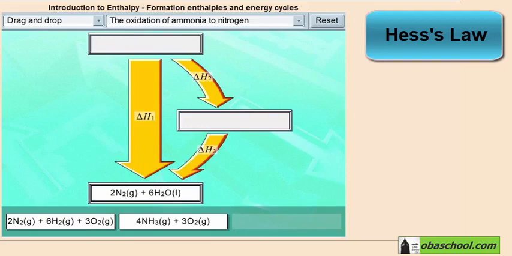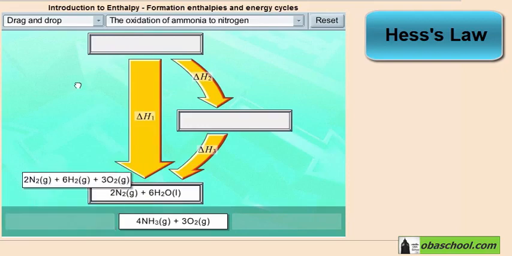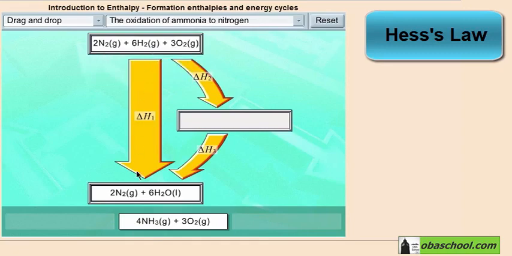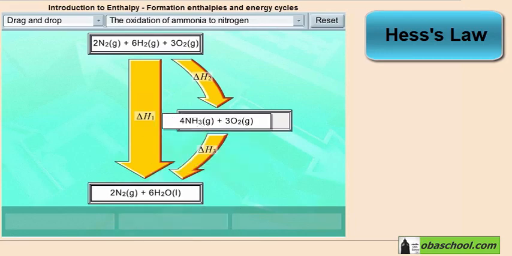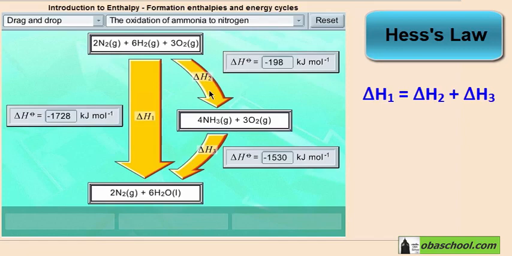So we can start with the constituent elements and produce directly end-to-end H2O, or we can produce from the constituent elements ammonia, and then we will have the oxidation of ammonia to nitrogen. So if we add delta H2 and delta H3, we will obtain delta H of this reaction, and this is again an application of Hess's law.